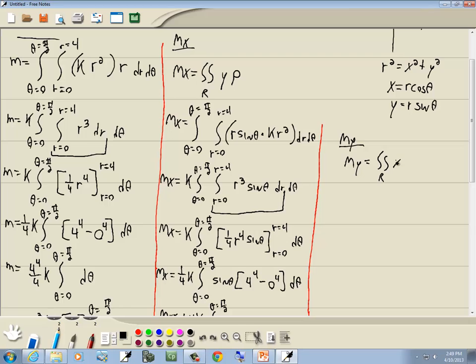We have to throw an x in there, times rho. So it's going to be theta is equal to 0 to theta is equal to pi over 2. r is equal to 0 to r is equal to 4. And we got an extra x in there, but x is r cosine theta. So we'll put r cosine theta in there.